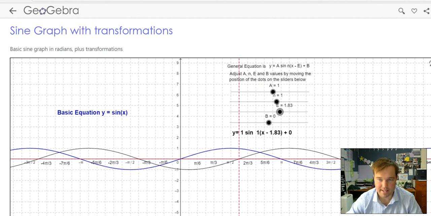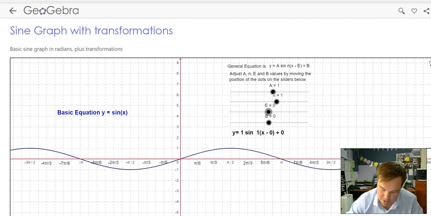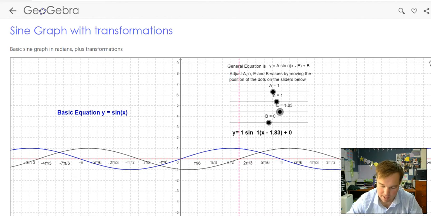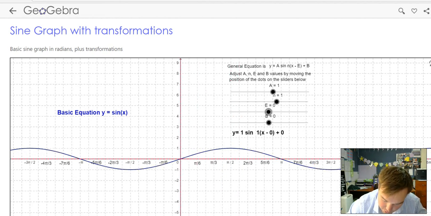The reason this happens is because we know that sine hits 0 at pi. If we put a minus a half pi in here, what that means is that sine has to reach 1.5 pi before hitting 0 for the second time. So it'll hit 0 at 1.5 pi rather than at pi. And that, I think, is intuitively difficult to understand, so we'll spend more time on it in class.